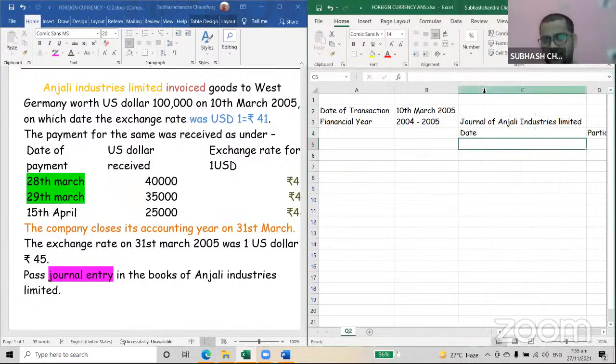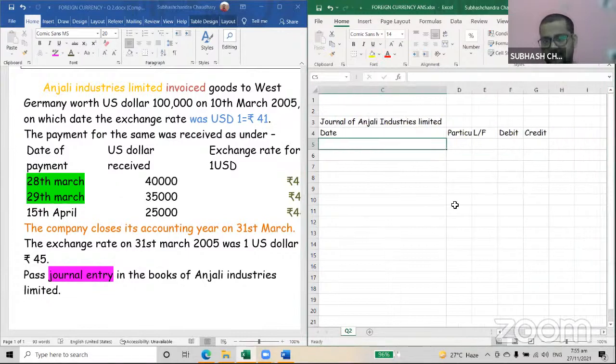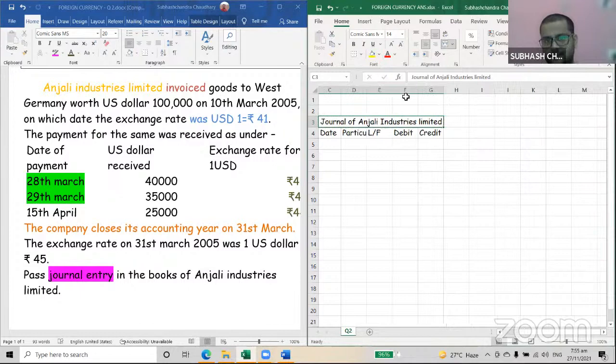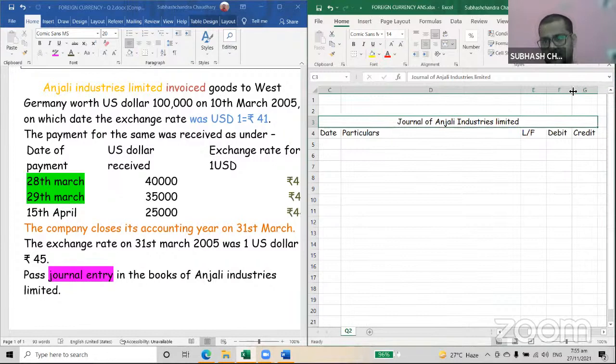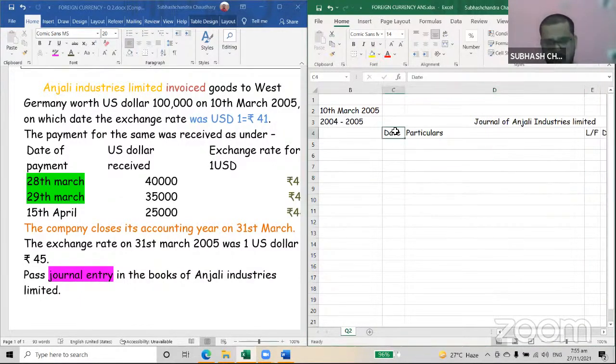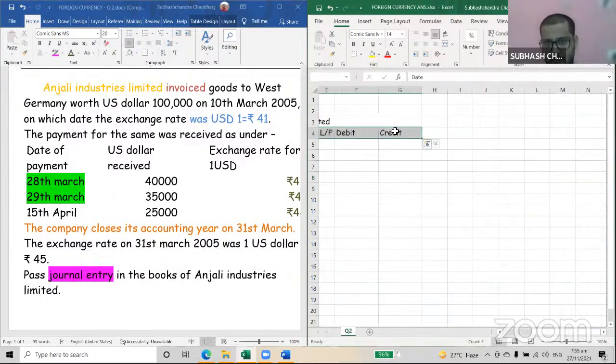I hope there is no issue in the format. Figures will be in lakhs and crores, so take a good width in the amount column, due to the conversion.